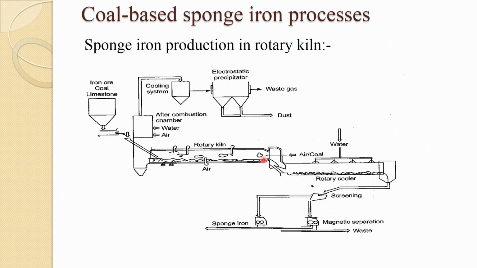Then the hot DRI comes into the rotary cooler where it is cooled, and then it gets separated using magnetic separation. Essentially the sponge iron can be separated. So, sponge iron comes out and waste goes another way. So, this is essentially the process for rotary kiln based, coal based processes by which directly reduced iron is produced.